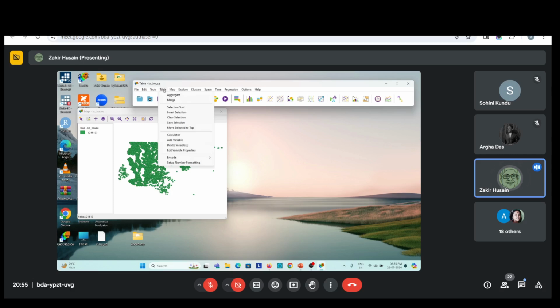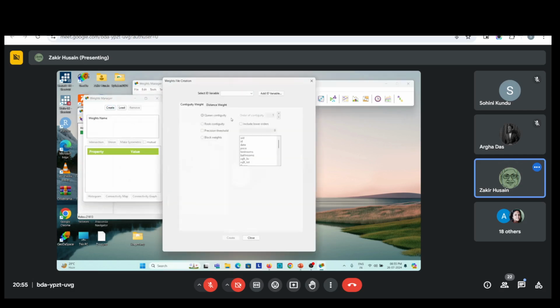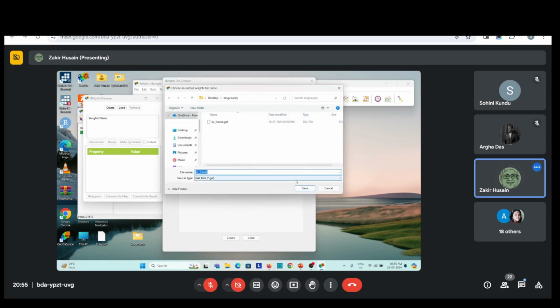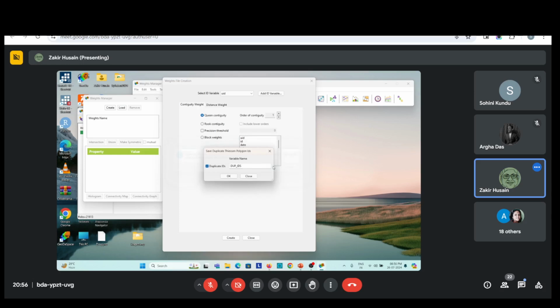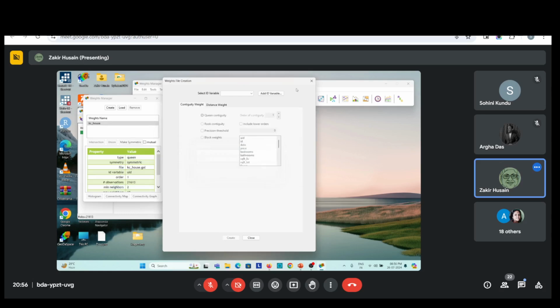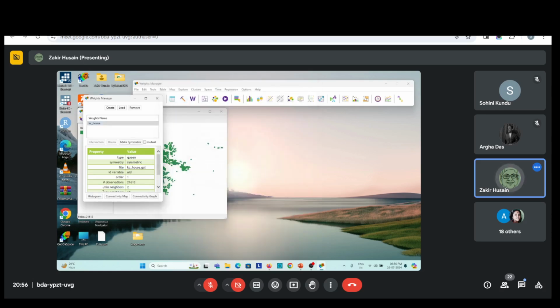So now we have to create weights tools. UID, everything is same. So actually I had the file. Get an error message. Don't worry about it. So close it.